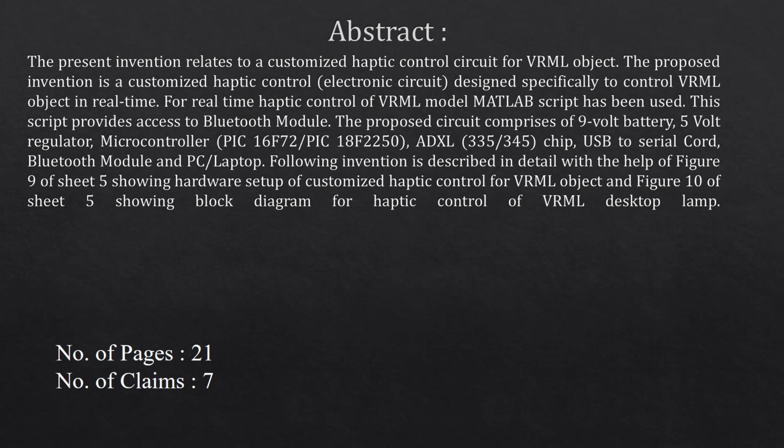The invention is described in detail with the help of figure 9 of sheet 5 showing hardware setup of customized haptic control for VRML object, and figure 10 of sheet 5 showing block diagram for haptic control of VRML desktop lamp. So there are 21 pages and 7 claims that we have filed during our patent application.